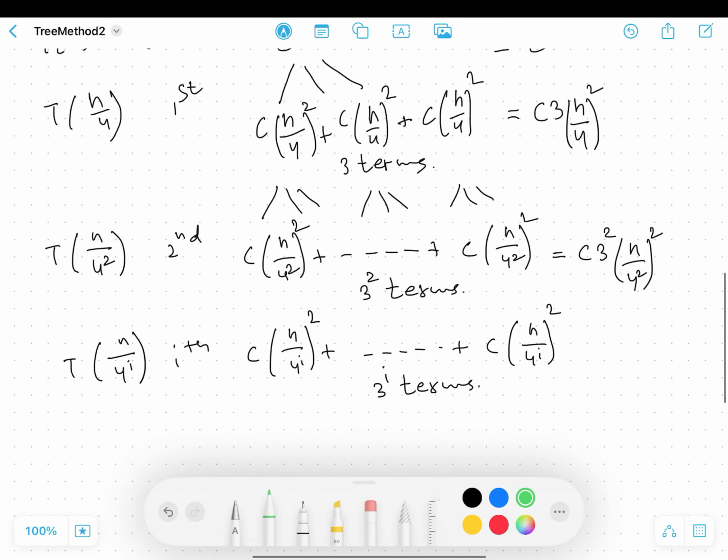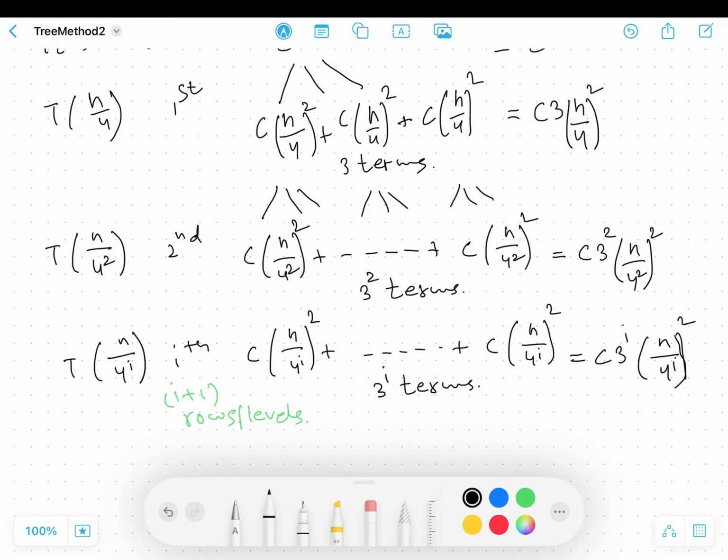Mind it, this is 0 to I, which is I plus 1 rows or levels, as described in our previous examples. And this will turn out to be C 3 raised to the power I n upon 4I square, right?